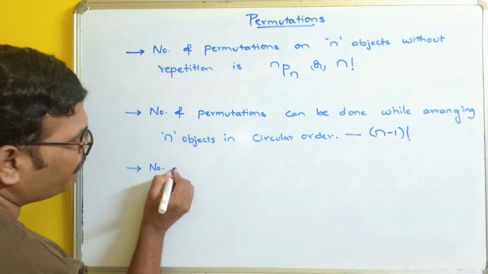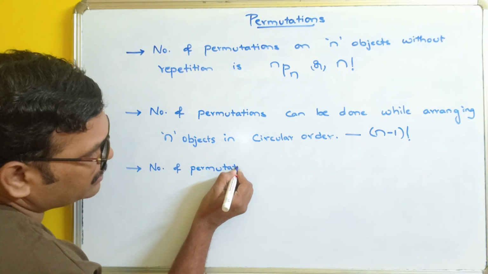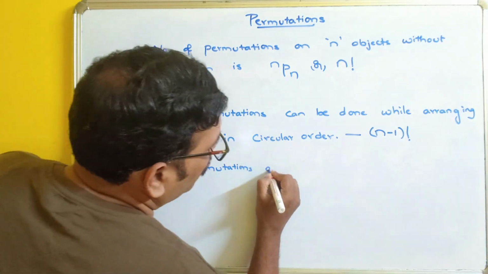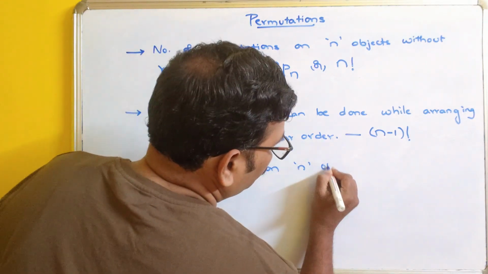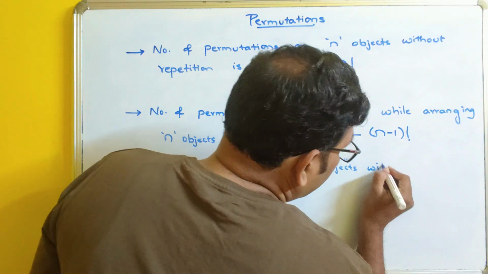And the third one: the number of permutations on n objects with repetition.